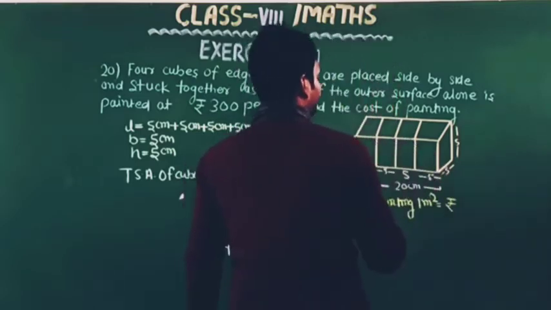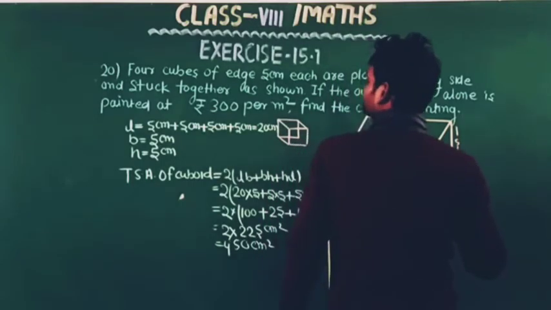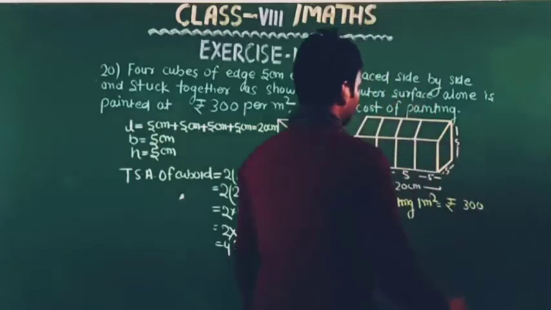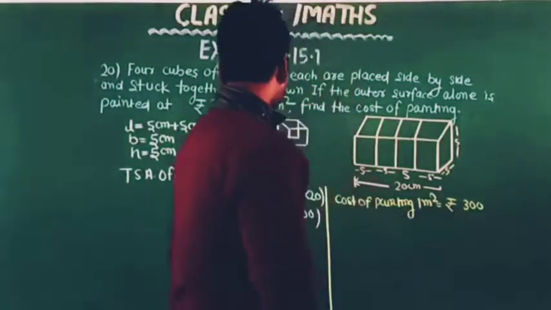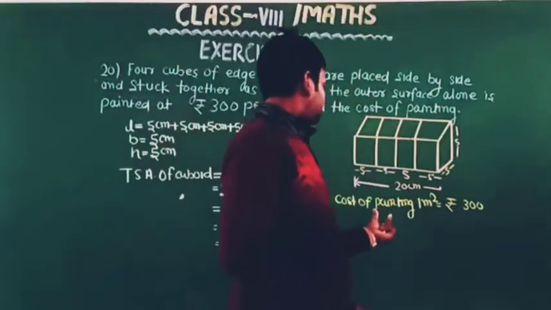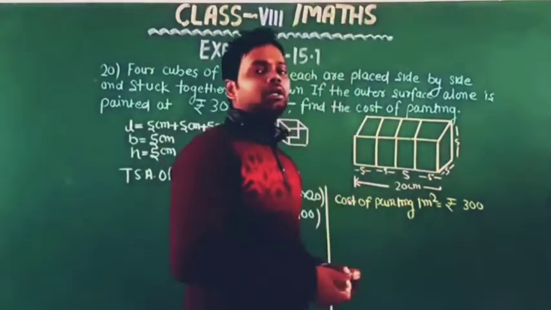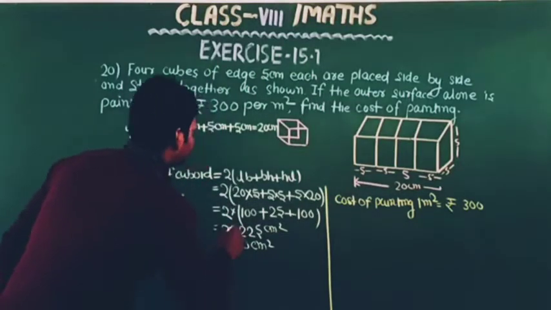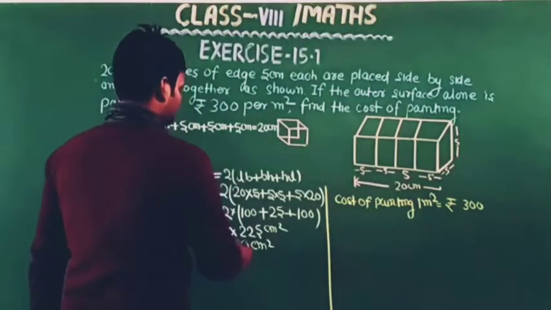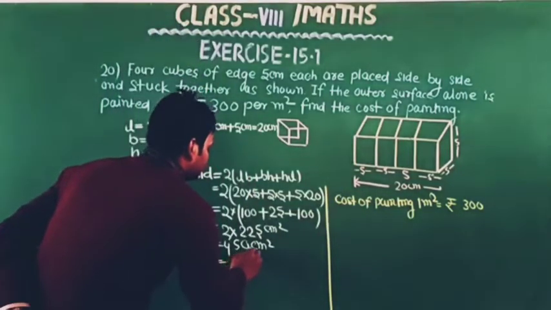Cost of painting 1 meter square is equal to ₹300. So here the cost of painting is given per 1 meter square, which means the total surface area needs to be in meter square.